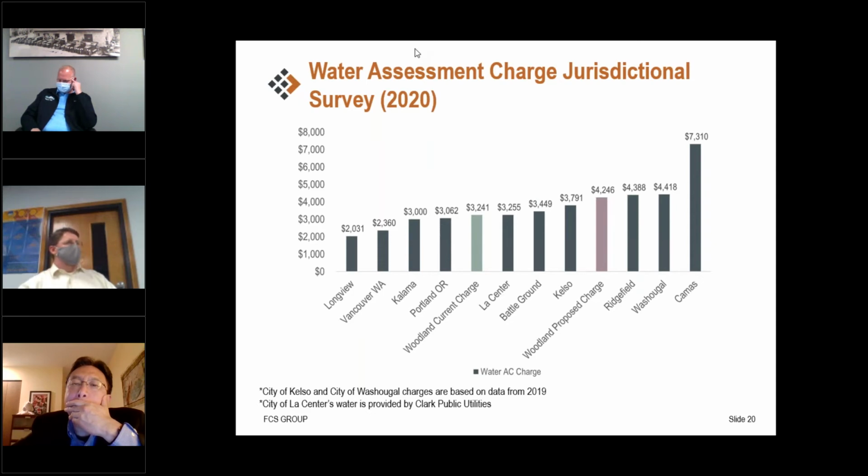What is that telling me? So the social engineering seems to be working. People are using less, but unfortunately they're paying more because it costs us to run the program. It costs us to run the enterprise.